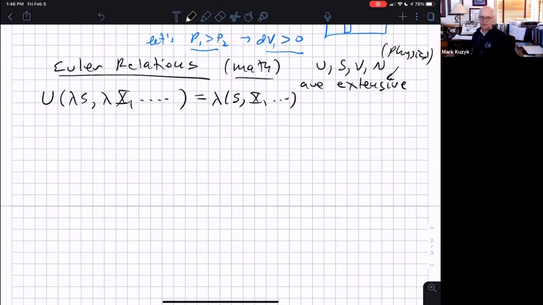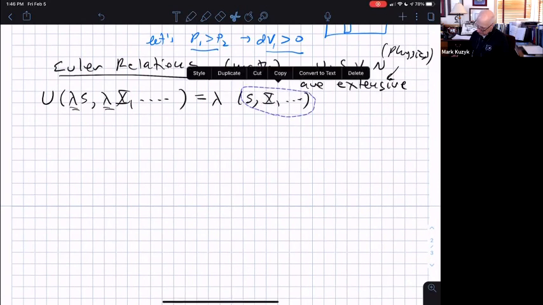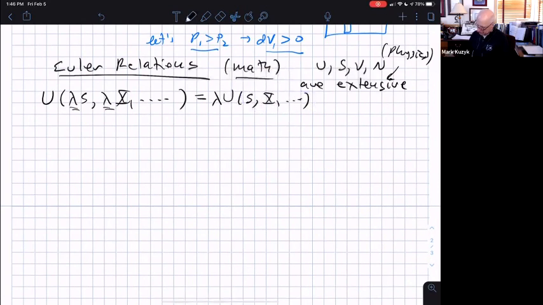That's the definition of extensive. If I take all my parameters that are extensive and multiply by lambda, I'll get, no wonder you're all looking at me so funny. I forgot to put my U here. So if I have a function of these extensive parameters and put a lambda in front of all of them, then my U being extensive has to change like this.